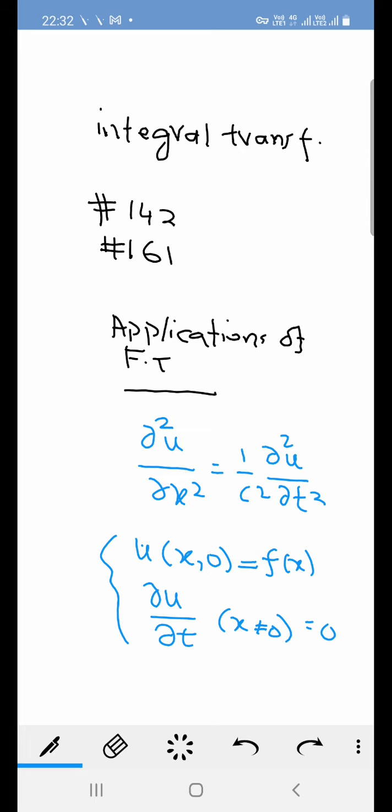Now what we will do here, we will first write u(x) in terms of Fourier transform.